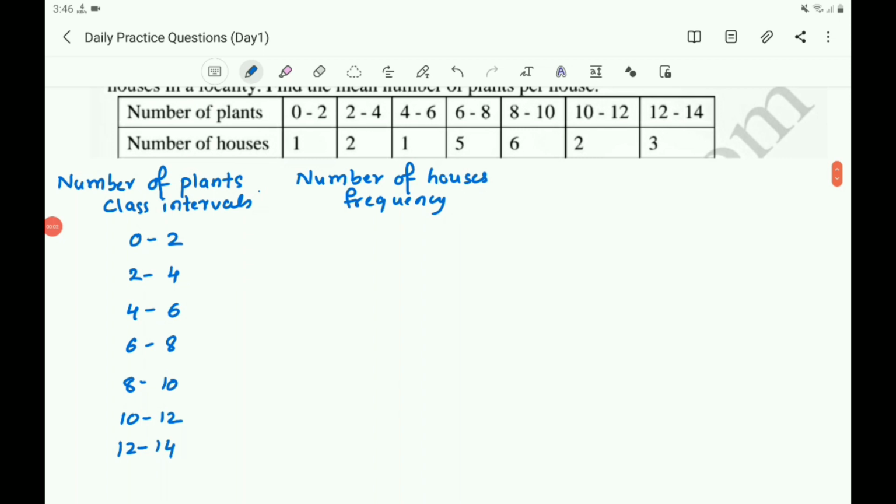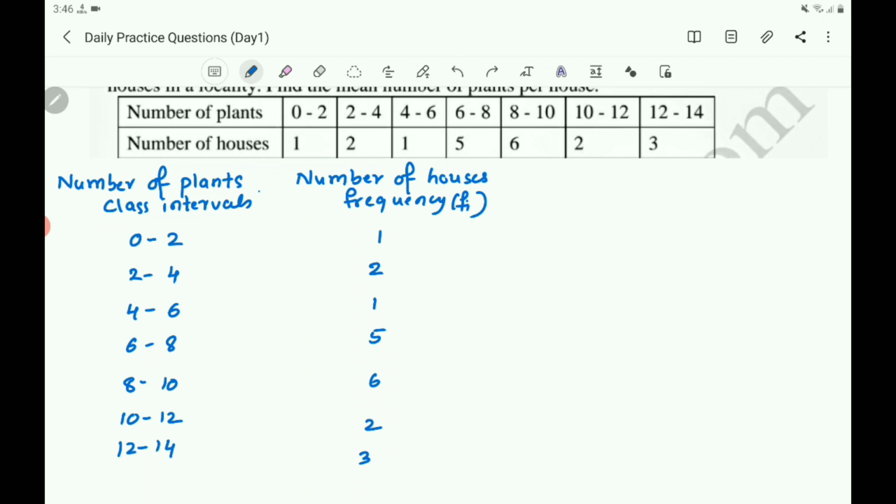Then you come to the second column, number of houses, that is nothing but frequency, fi. Now the frequencies are 1, 2, 1, 5, 6, 2, 3. So you write 1, 2, 1, 5, 6, 2, 3, the corresponding frequencies.